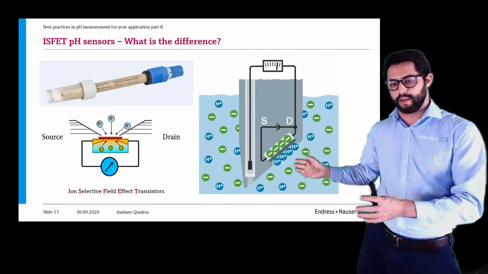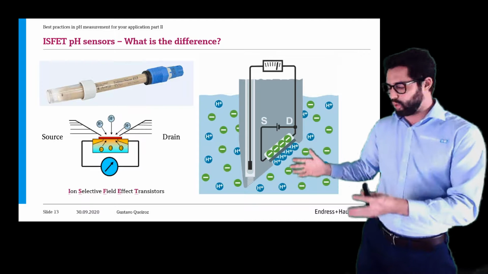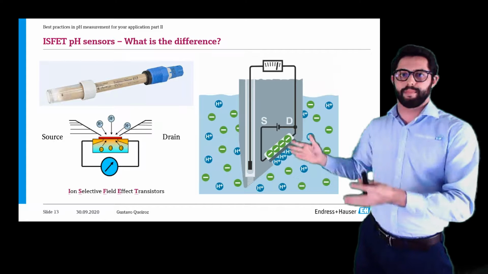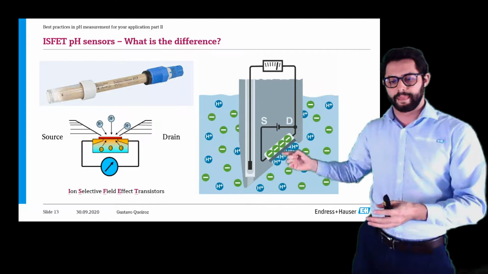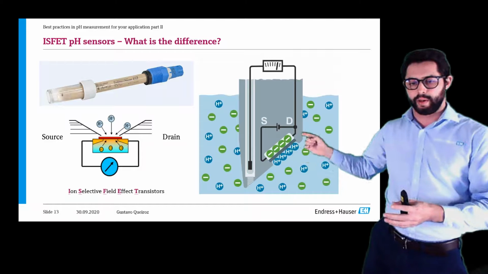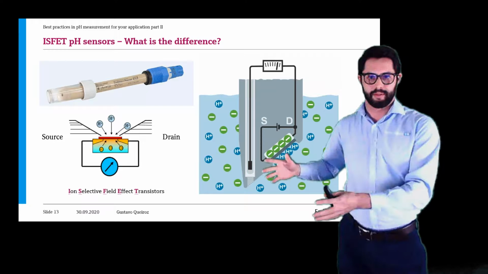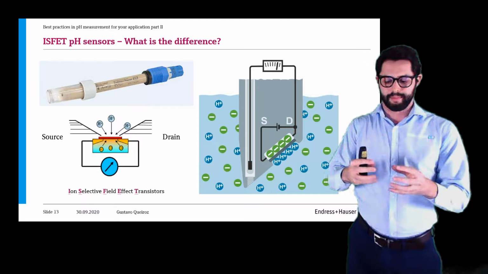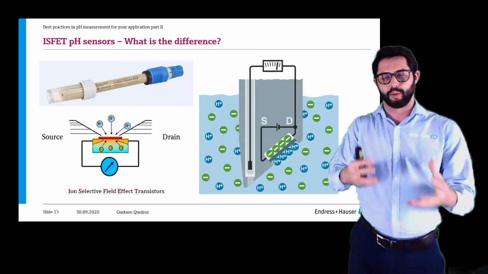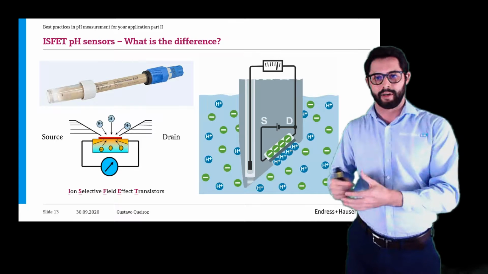The more H+ ions, so the lower the pH you have influencing this area, the higher the current flowing through the transistor, and the transmitter is able to get this current change and convert it into pH.